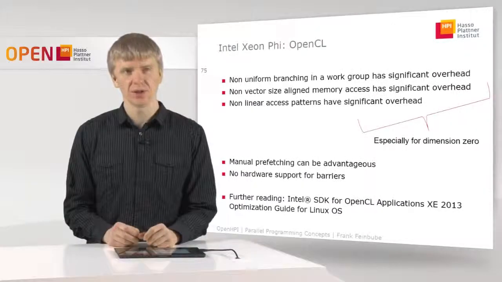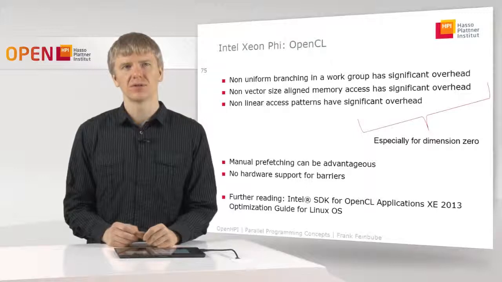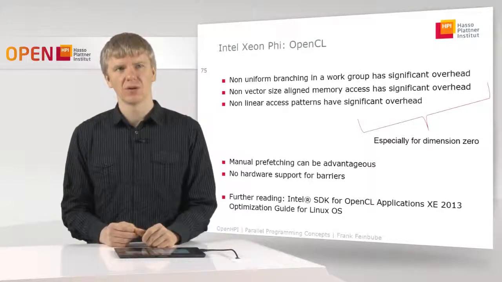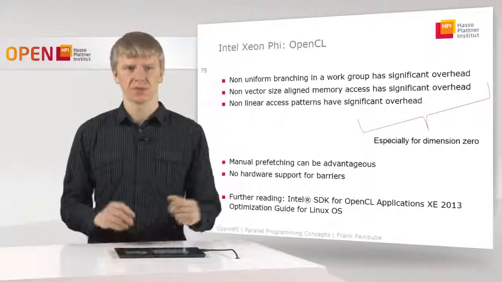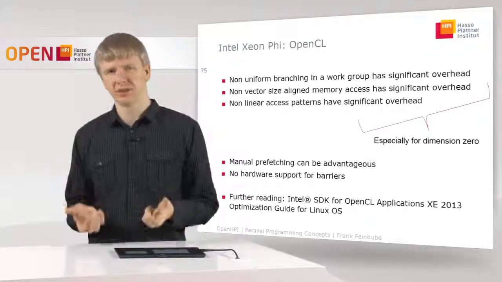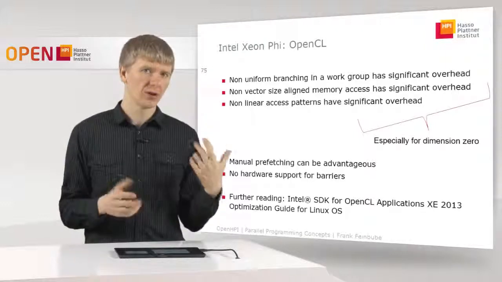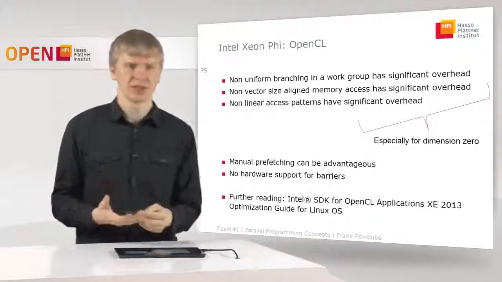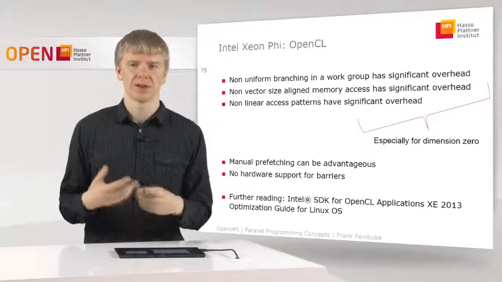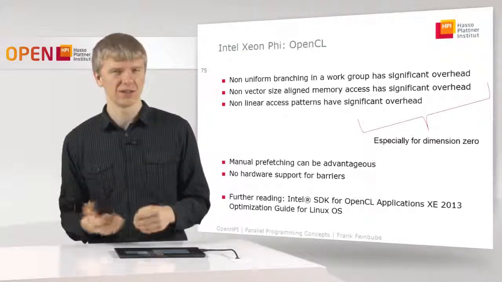For this most inner loop, there's a number of optimizations that are important, or things that you have to keep in mind. And the first is that branching again is a problem here. So you can branch in the rest of the code, but if you work in the most inner loop, then you should get rid of branching, because this again hinders your performance because it's executed in a SIMD fashion.